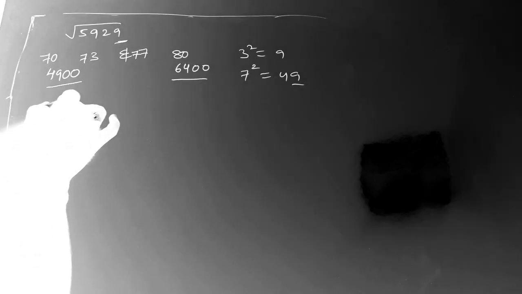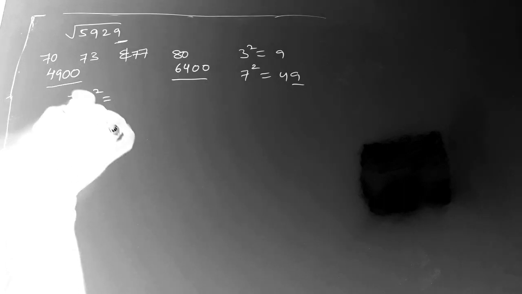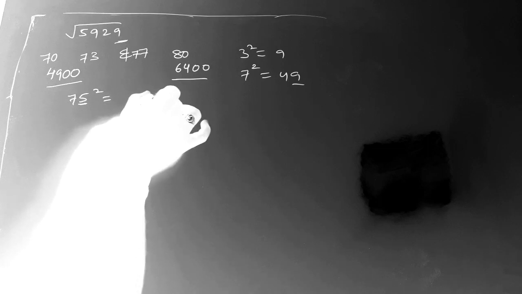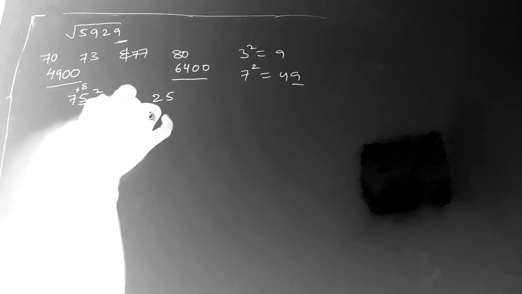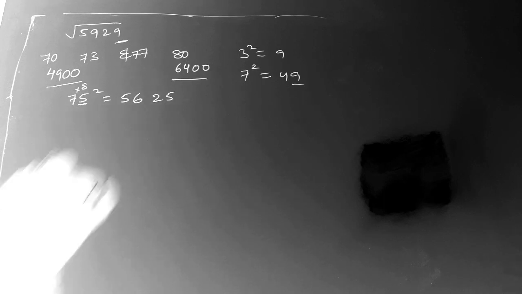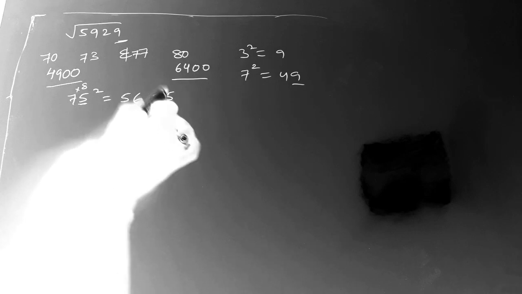So find out the square root of 75 square. 75 square is nothing but 5 square, 25 you write, 7 into 8, 7 8 is 56. So it is more than 5625.